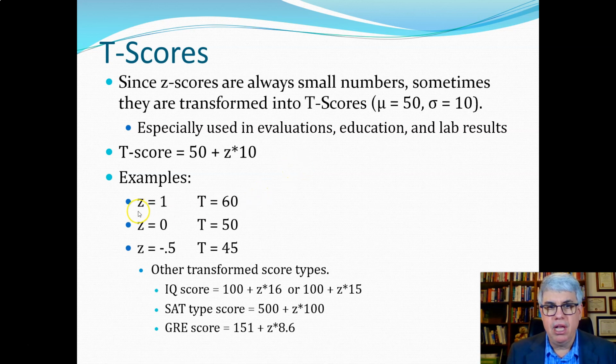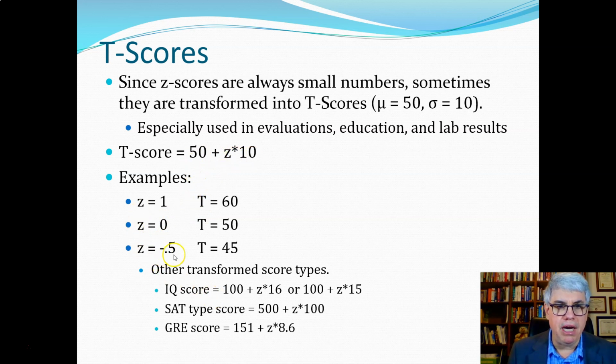For example, a z of 1, which is not unusual, would be 1 times 10 plus 50, which is 60. So 60 means that a score is 1 standard deviation above average. A z of 0, which means that it's average, would be 0 times 10, which is 0, plus 50, so 50.